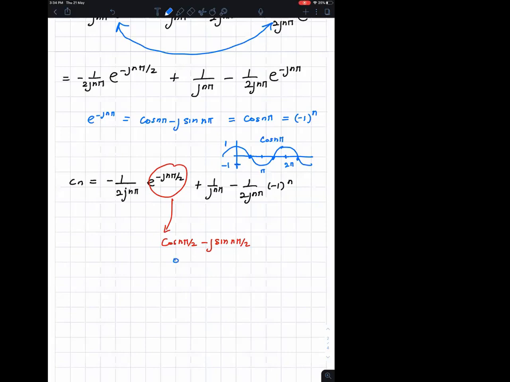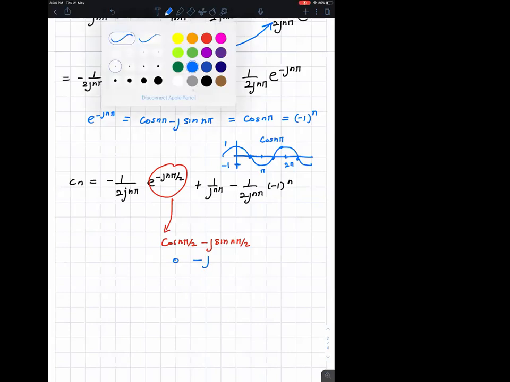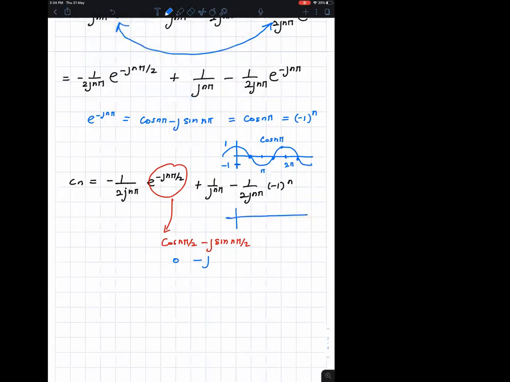So this is 0 minus j. Because sine of multiples of pi over 2 is always 1, isn't it? Let's see, I think it's not 1. It's going to be alternating. For sine pi over 2.